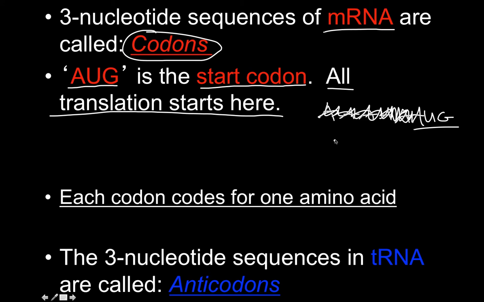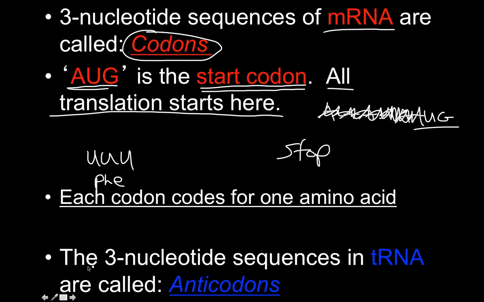And then it'll continue on until we see a stop codon, but that'll become more clear in the next slide. We don't have to memorize that. We just have to memorize AUG is the start codon. Each codon codes for one specific amino acid. And we'll see again in the next slide that the codon UUU codes for the amino acid phenylalanine.